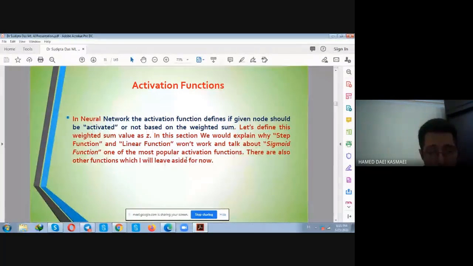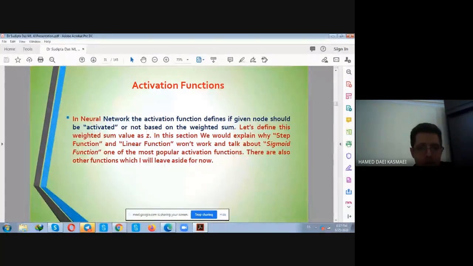There are many activation functions, like tangent hyperbolic, or activation functions based on radial basis functions that you need to know from approximation theory in pure and applied mathematics. There are also other functions which I leave aside, so we will see later.